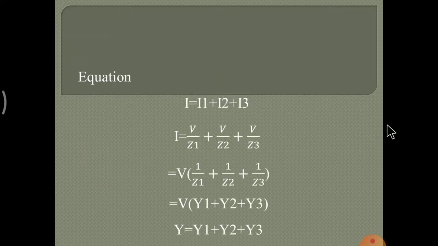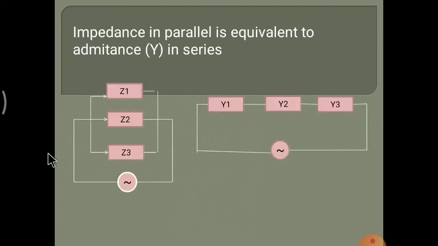So in equation, I is equal to I1 plus I2 plus I3. I1 is equal to V upon Z1. In this circuit we replace R with Z because this is a circuit of impedance.